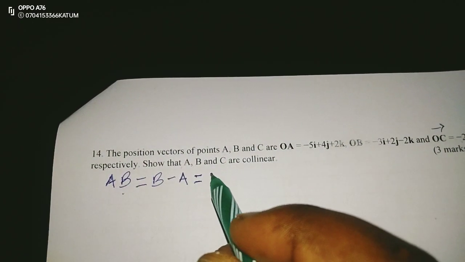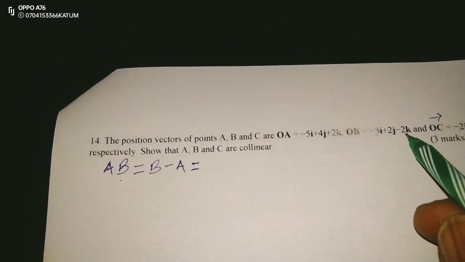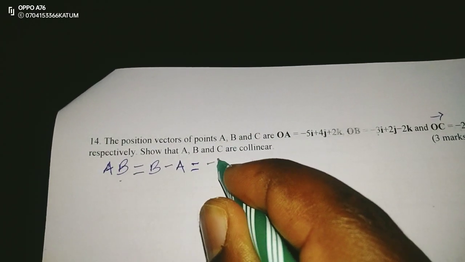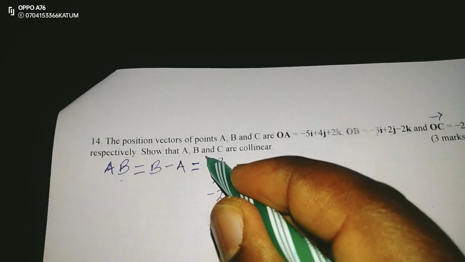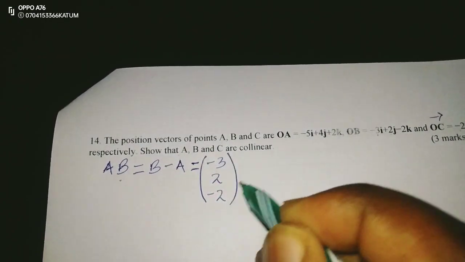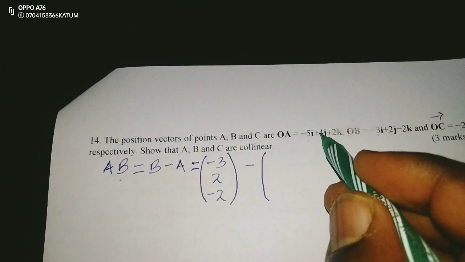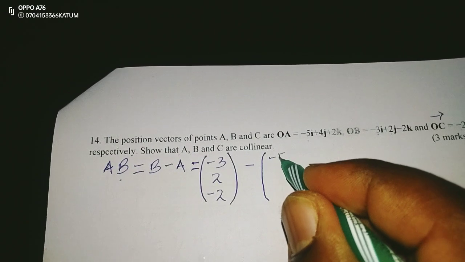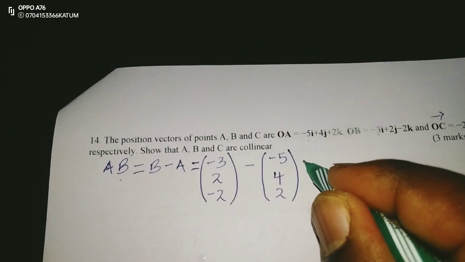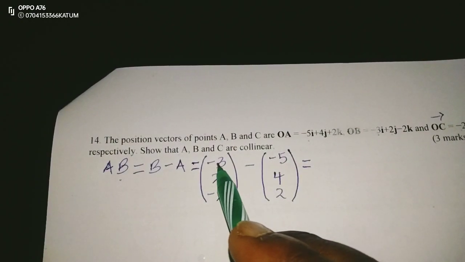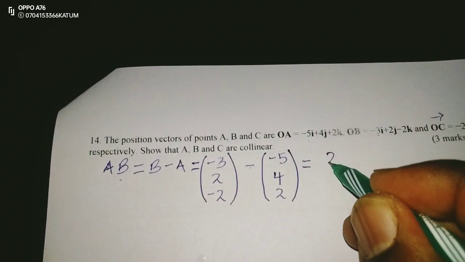Now we will take them as column vectors. We begin with B, which is (-3, 2, -2). Then we subtract the position vector of A as a column vector, (-5, 4, 2). So this is going to be -3, this becomes a positive, so -3 + 5 becomes 2.